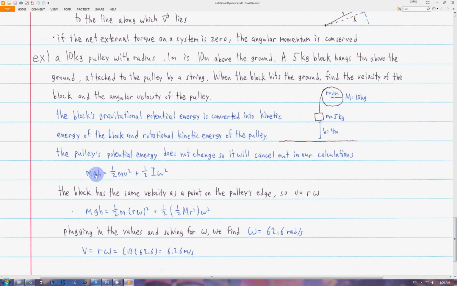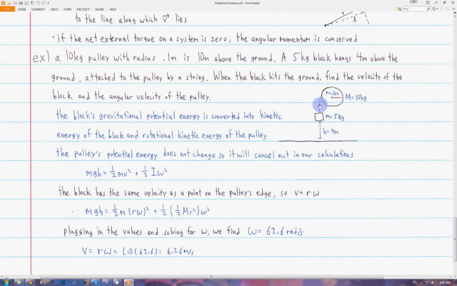So we have mgh, the potential energy of the block initially, equals 1/2 mv squared, the translational kinetic energy of the block, plus 1/2 I omega squared, which is the rotational kinetic energy of the pulley. Since we have two unknowns, v and omega, we can replace v in terms of omega by recognizing that this block is moving at the same speed as these points on the outer rim of the pulley.